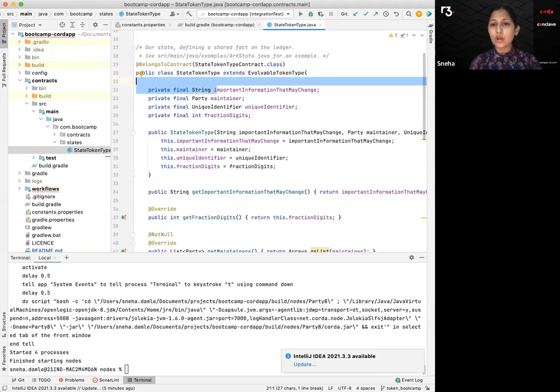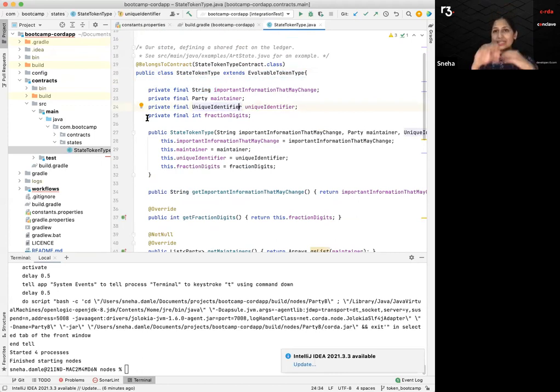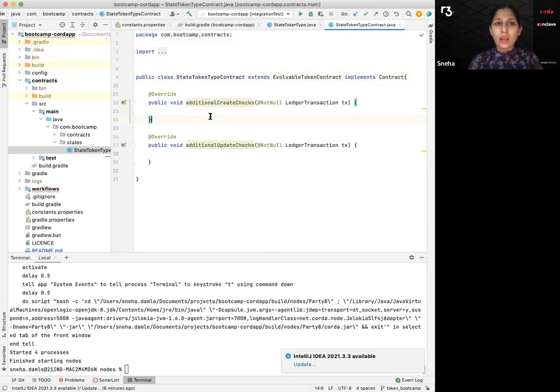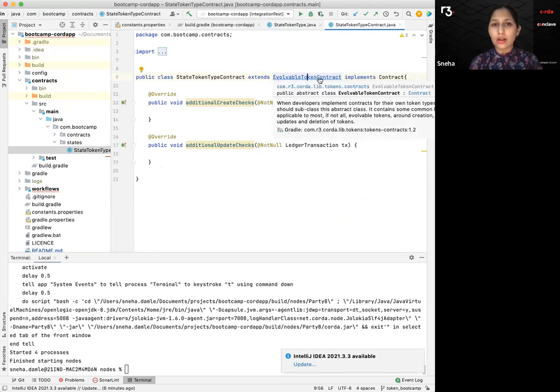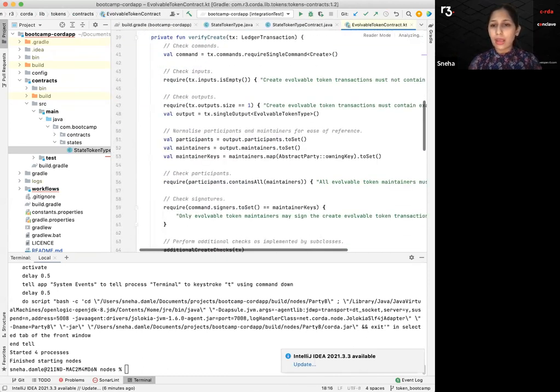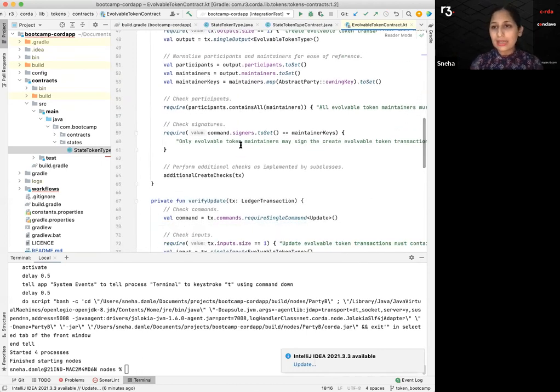Now let's look into the contract code. This particular asset type, or the evolution of this particular asset, is governed by a particular contract. This contract extends the evolvable token contract, and inside the evolvable token contract, this class verifies and runs certain validations when issuing or updating the state.